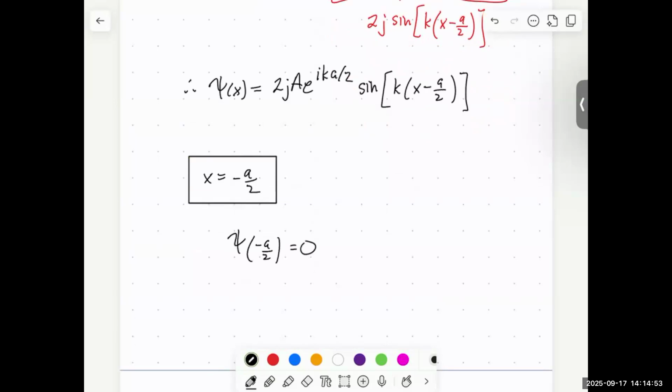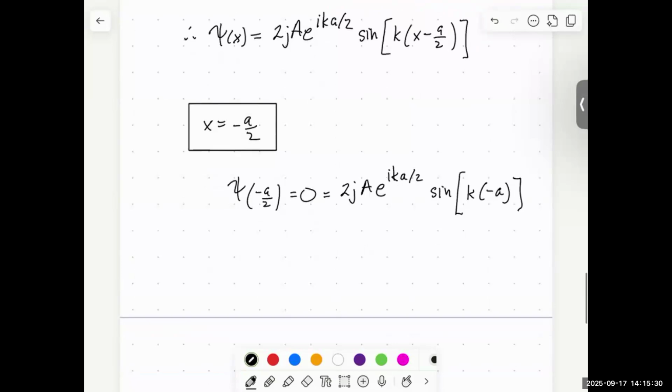And so I'm just going to put in a minus a by 2 wherever I see x, and I only see x in the argument of the trig function. So that's where it'll go. So I will have 2i a e to the ika by 2 sine of k, and I'm going to put in minus a by 2, and I'm going to have another minus a by 2. It's just a minus a.